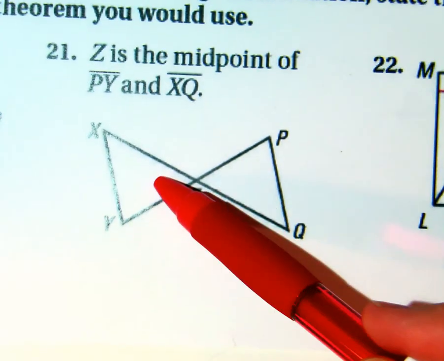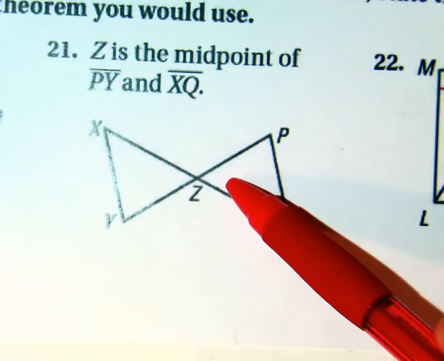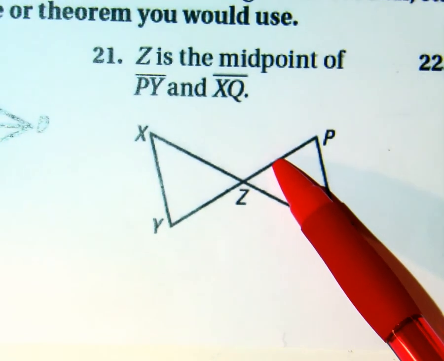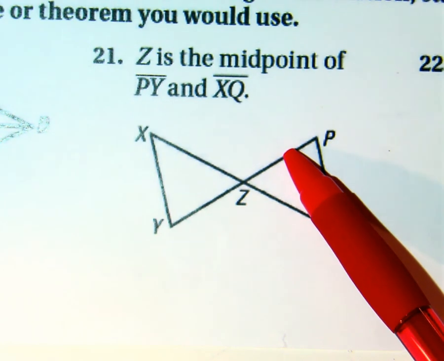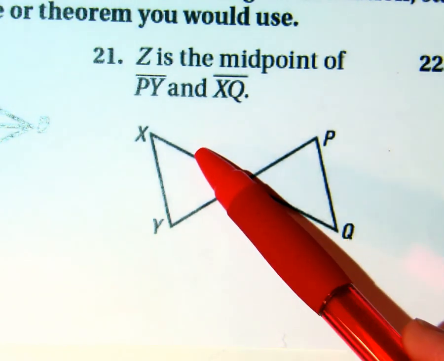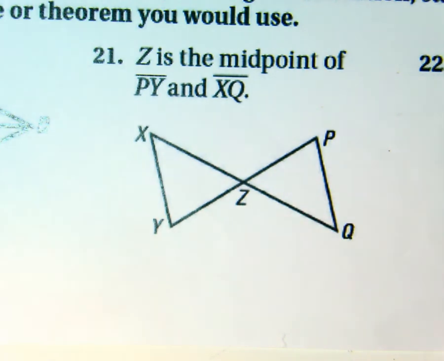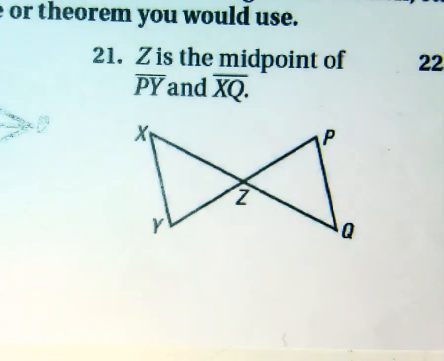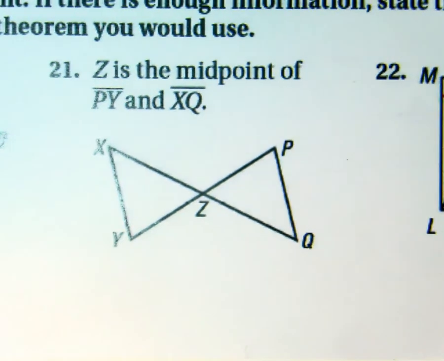You have angles here. The vertical angles are the same. Midpoint, the definition of midpoint means it divides it into 2 equal segments. So this segment is the same as that segment, and XZ is the same as ZQ. So you have side, angle, side. Make sure you write it in the correct order.